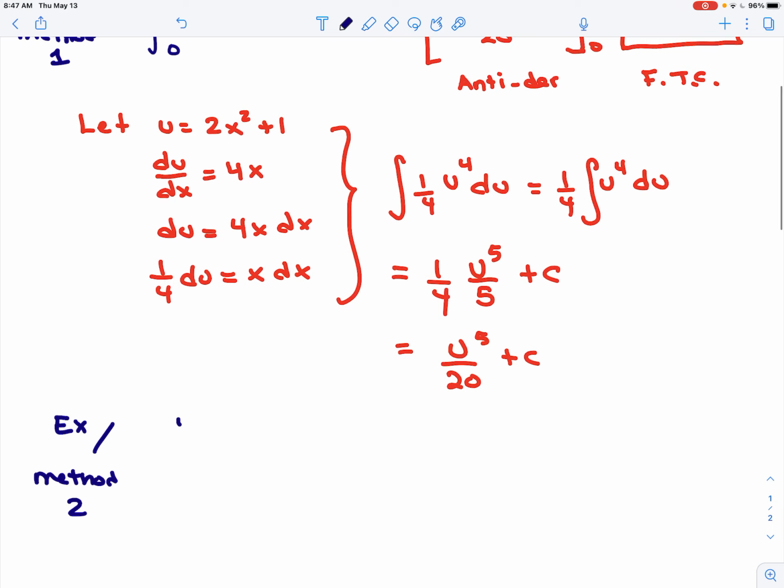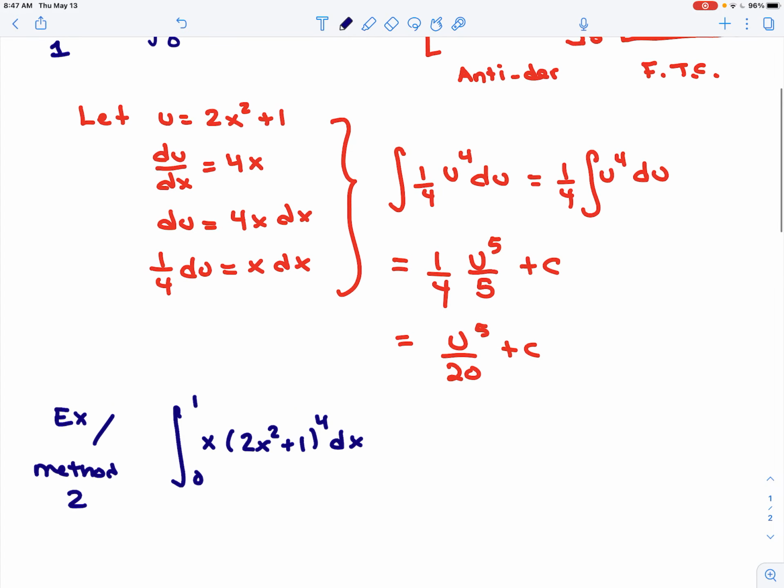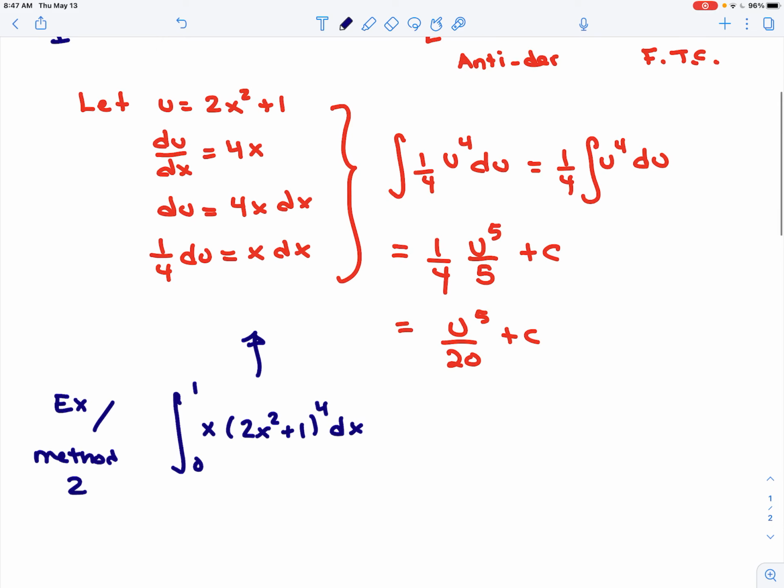All right, so same question, integral from 0 to 1 of x times 2x squared plus 1 to the 4 dx. So the other way to do the question, and I won't redo this work, I'll just leave it here, is to say that this equals this.